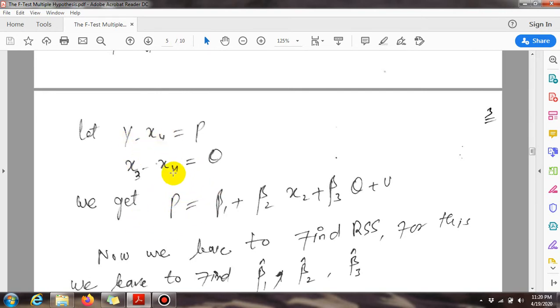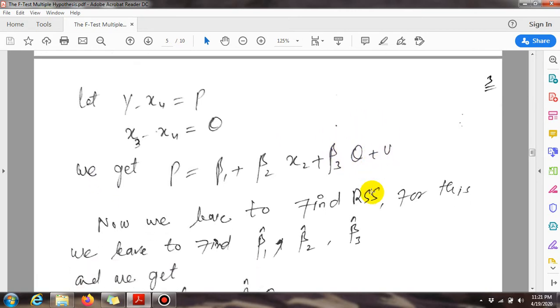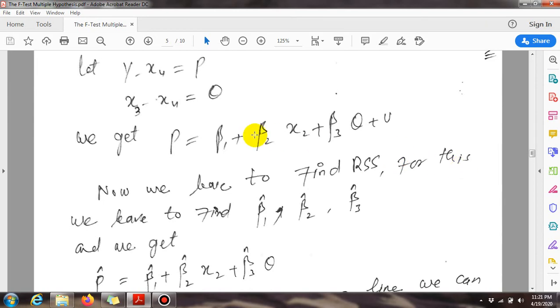Here we have a dependent variable in the form of p, which is the combination of y minus x4, so we name it p. And here we have a new independent variable q, which is the combination of x3 minus x4, so we name it q. Now we regress this regression line and find the residual sum of square.